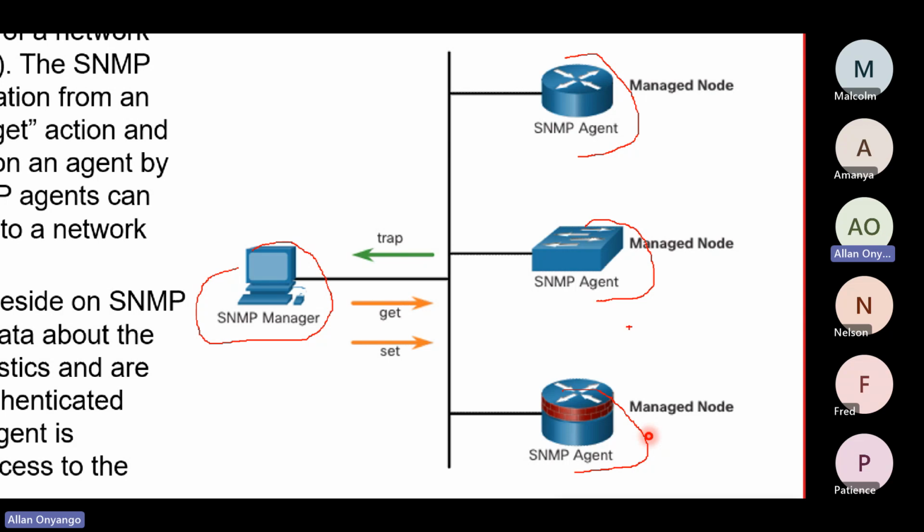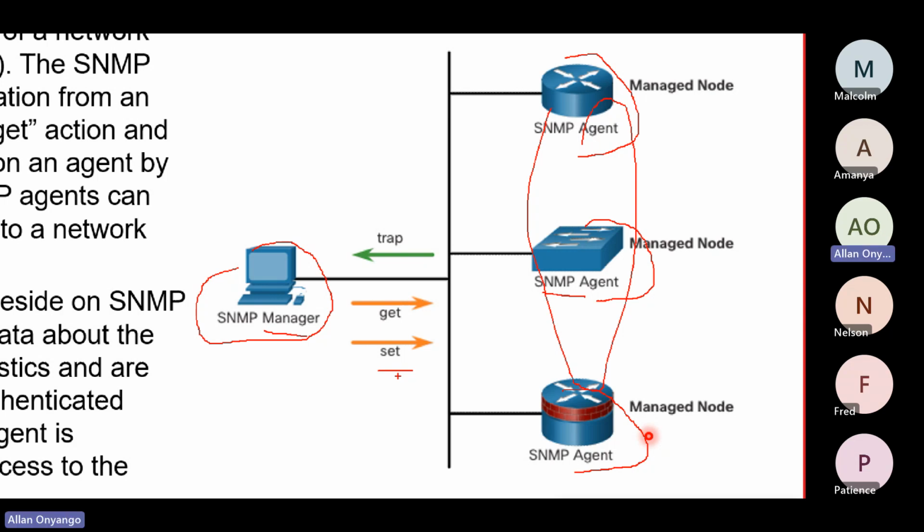Now, there are three ways of communication between the manager and the agents. One, through the manager, you can configure some settings on your devices since you're managing them. So when you need to configure something on these agents, you send a set message. The set message will configure something on our devices.